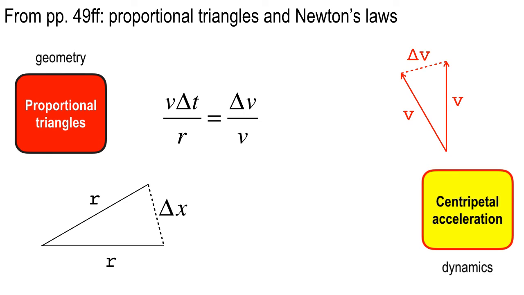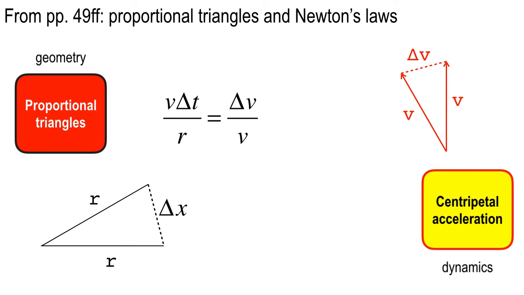Now, if you rearrange this, look at this V in the denominator of the right side. If you cross multiply that over to the top of the left side, you'll have a V squared.